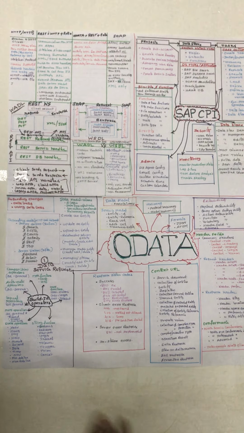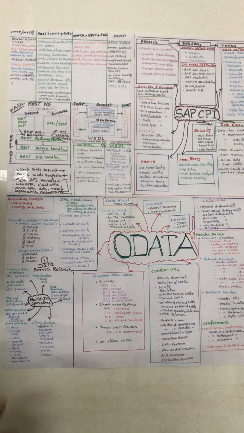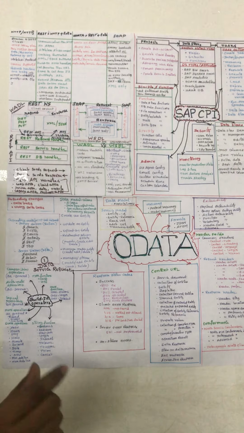And next, there are logical operators, same as in Java and all. And there are mathematical operations in general, and also round, floor, and ceiling and all. And there are date operations like year, month, day, hour, minute, second, date, time, now, and minimum date time, maximum date time. So these are some operators related to date.